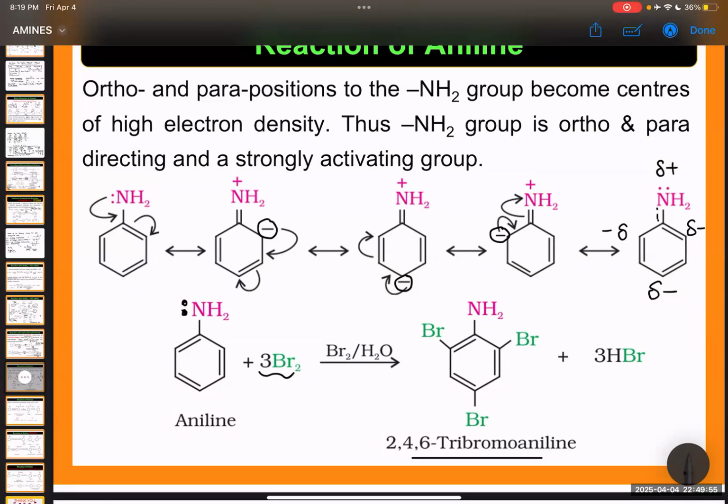Same with phenol also. Phenol, if you react with bromine water, you are going to get tribromophenol, which is the white precipitate, where the three bromines come and attach themselves to the ortho and para positions. Is it clear?